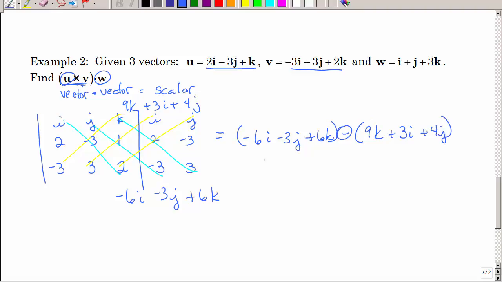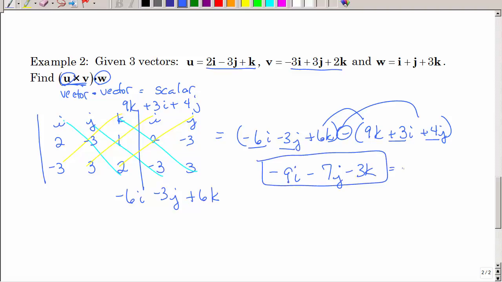Again, being very careful to distribute that. So I like them in the correct order, i, j, k. All right, so we have negative 6i minus 3i, so that's negative 9i. Then we have the j's, so we have minus 3j and a minus 4j, so that's minus 7j. And then the k's. Okay, so that is equal to u cross v.